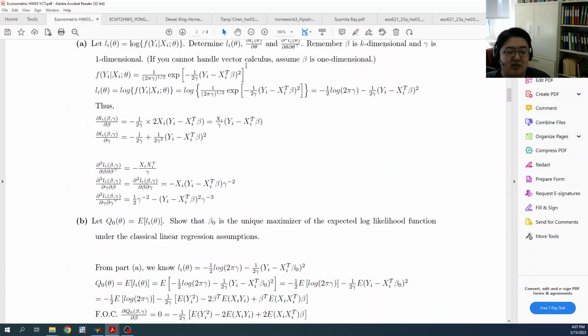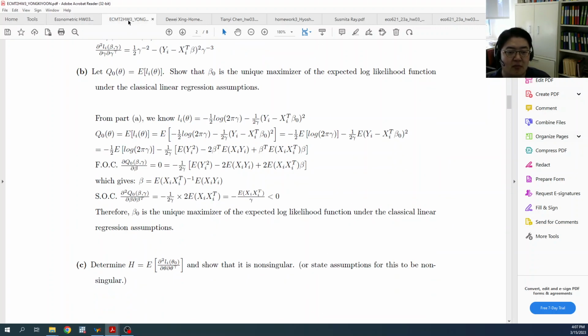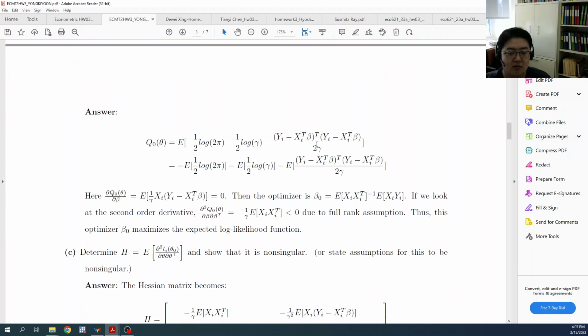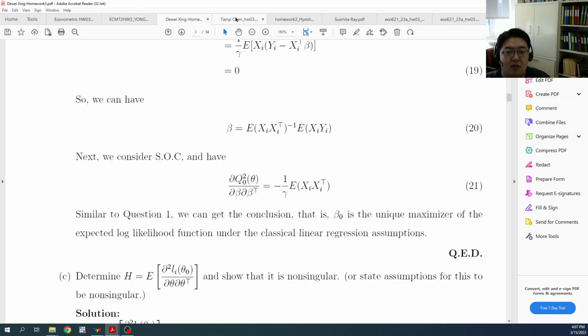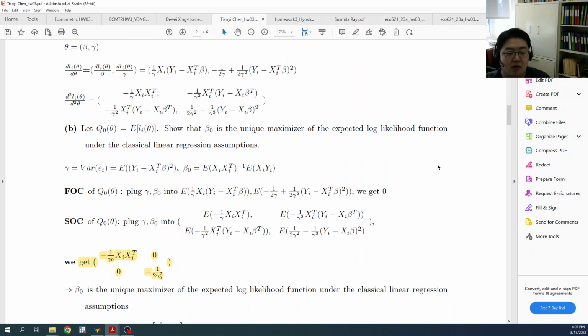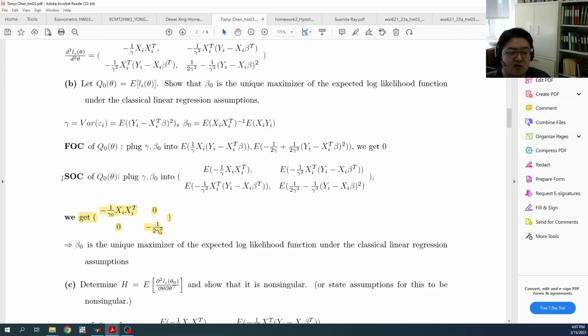Okay, let me see. Here in this answer, second order condition, second derivative, okay, it's okay. But the first problem is the expectation is missing.